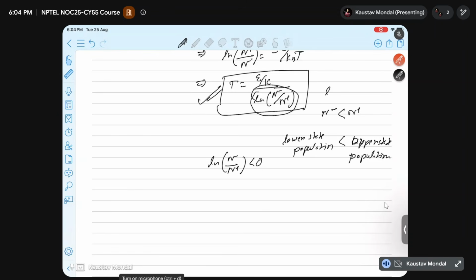And if you substitute this here, it will give a temperature that also becomes negative.